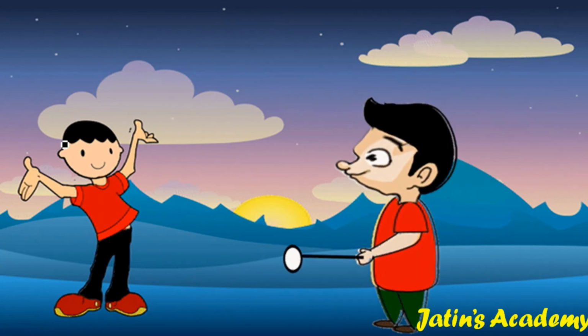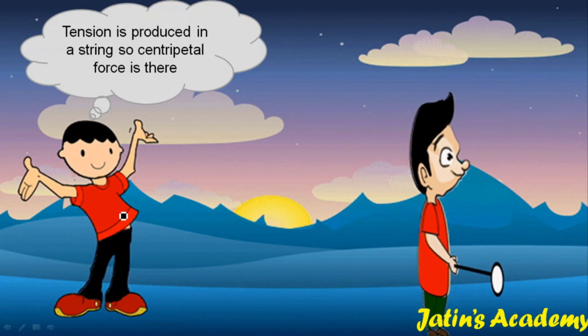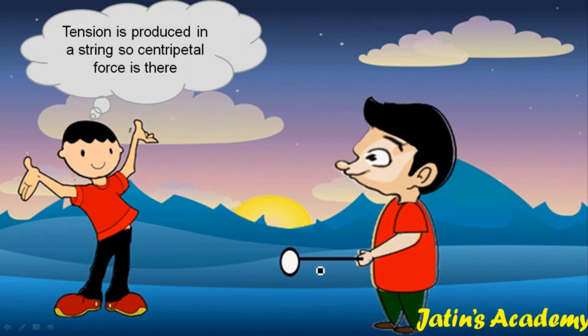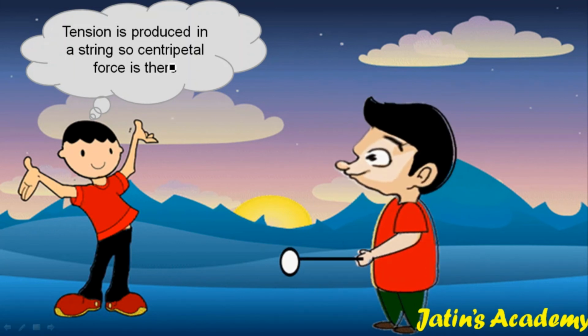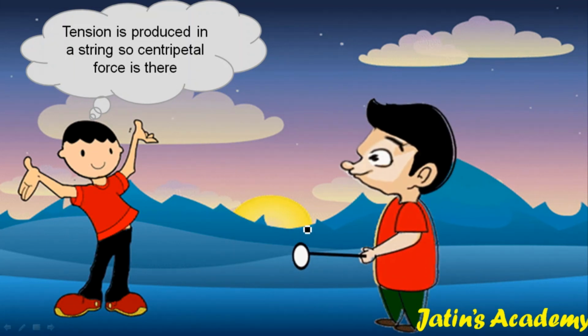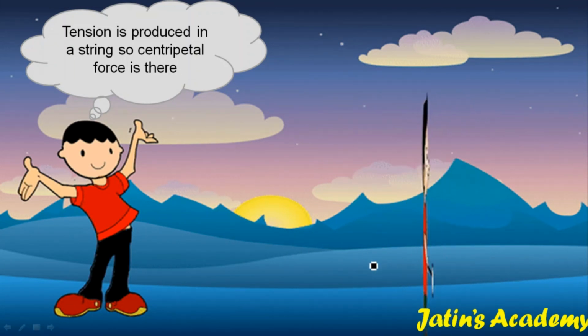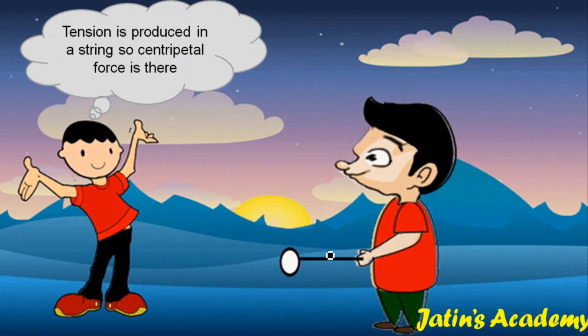The outside person observes that tension is produced in the string when it is rotating, so a centripetal force must be there. Only then is the string getting tensed. The string is getting tensed because it is rotating, so centripetal force must be there.